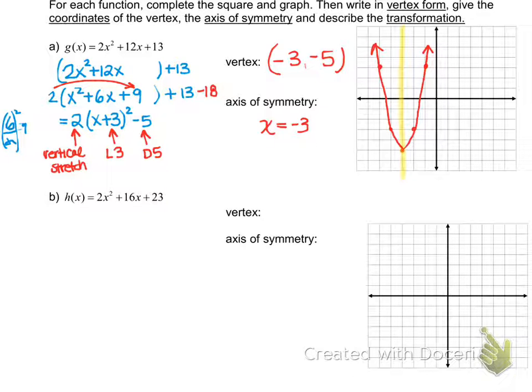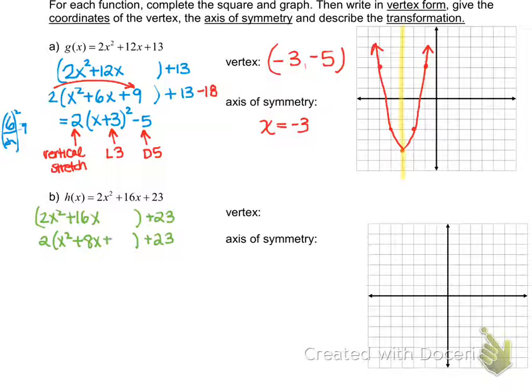Okay, so this next one, same thing. First thing we need to do is complete the square. So we have 2x squared plus 16x, and we move out plus 23. I factor out the 2, and I have a new b, which is 8. So half of 8 is 4.